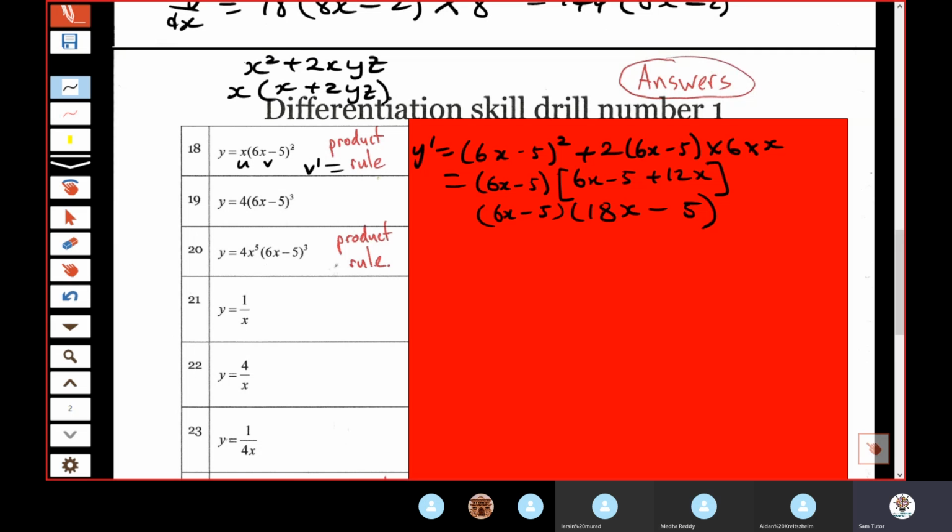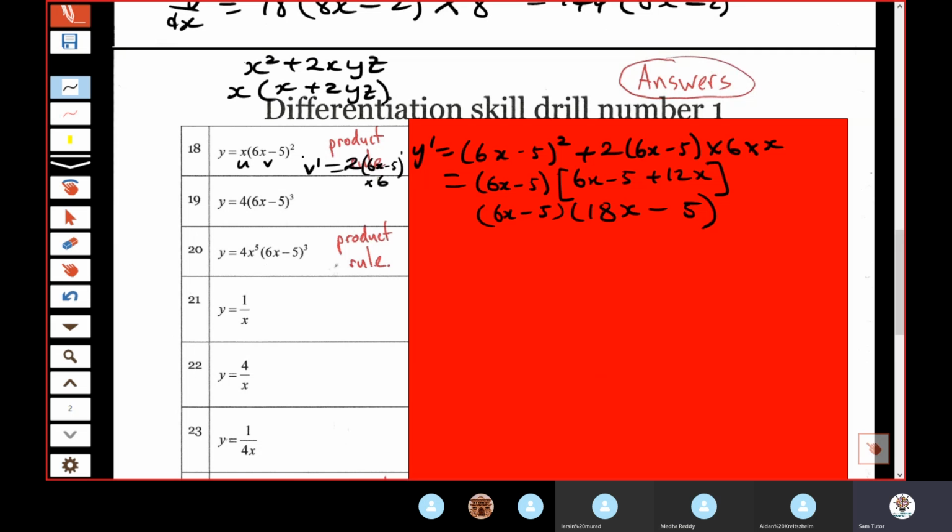Okay, so you bring the 2 down. 6x take away 5 to the power of 1 times differentiate the inside, 6. That rings a bell. Yeah, bring the 2 down and then times, and then v dash times u.